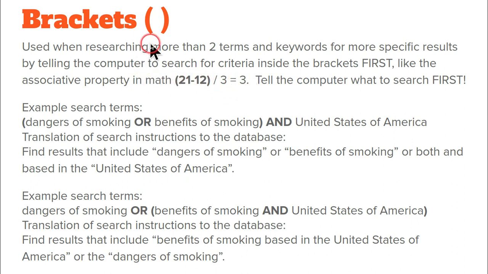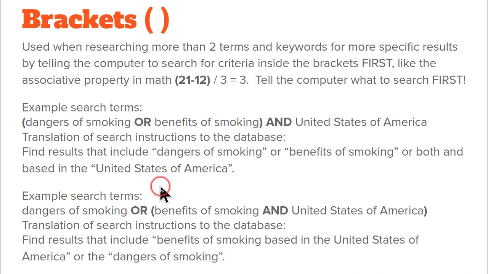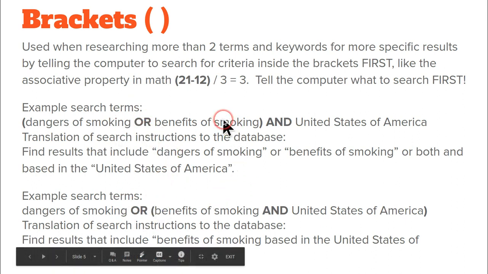So it's the same with using brackets. You are telling the computer what to search first. So if we were searching dangers of smoking or benefits of smoking and United States of America, notice the placement of the brackets. In both scenarios, they have the same words, just the brackets are placed in different areas.